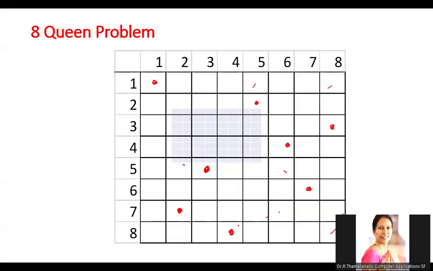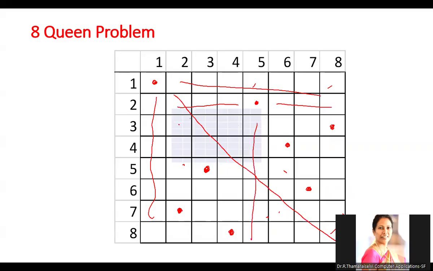Now let us see the position. Here it is safe because there is no queen in the same row, column or diagonal. The second one is also safe because there is no queen diagonally.